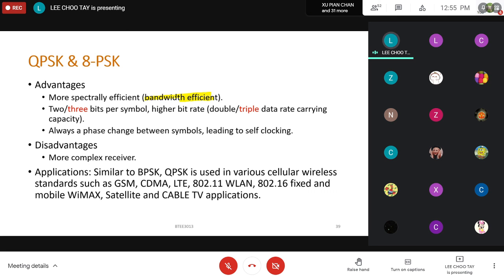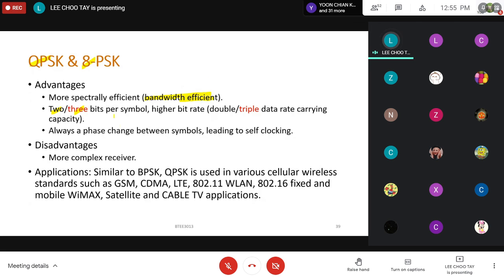For QPSK, we are sending 2 bits per symbol, meaning per carrier, and then 3 bits for 8PSK. So in this case, we are able to transmit with a higher bit rate. With the same bandwidth, we can transmit more bits compared to BPSK.